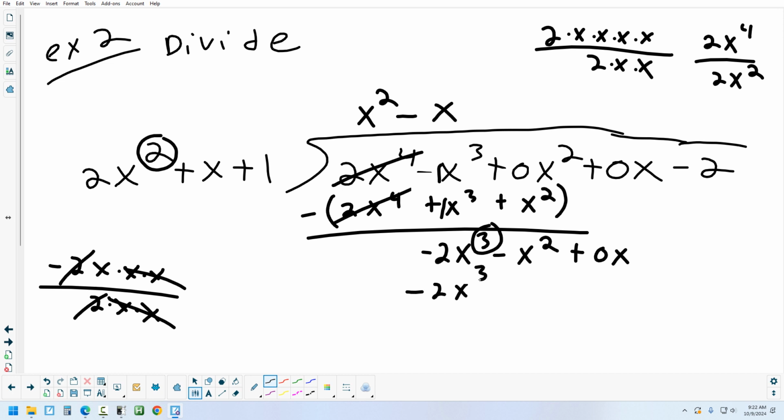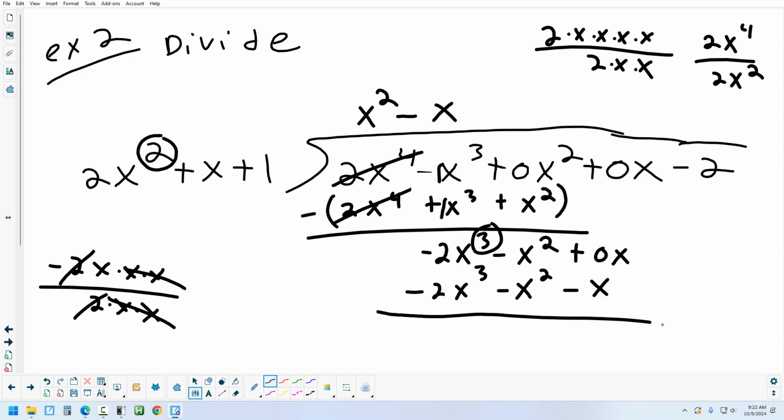What's negative x times positive x? Negative x squared. And what's negative x times positive 1? Negative x. Yeah, there's a lot of little things here.